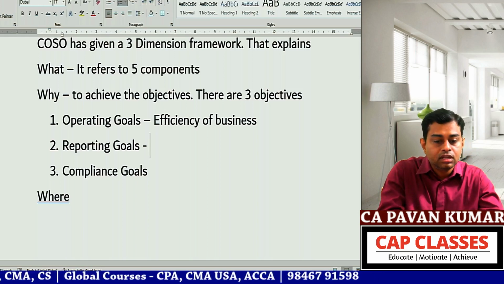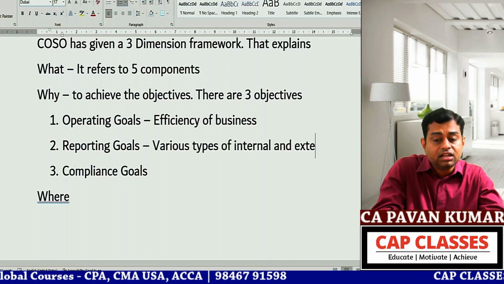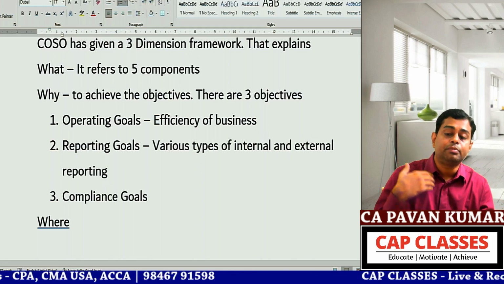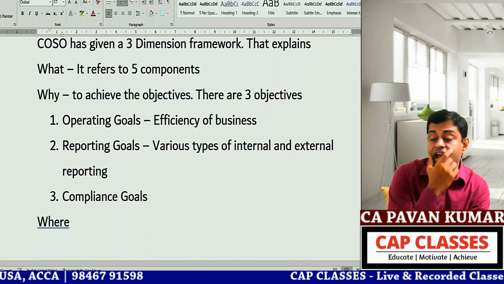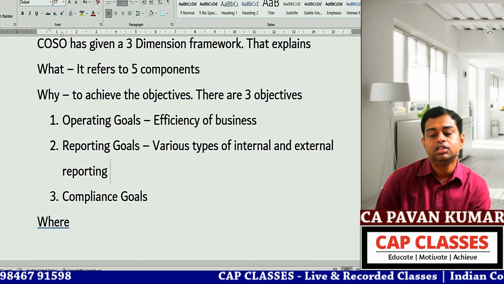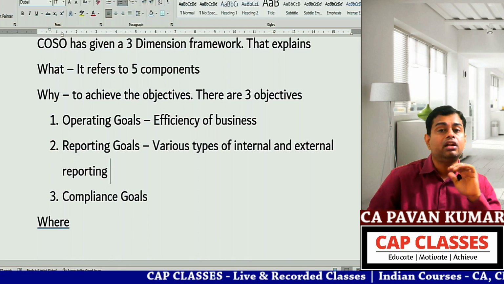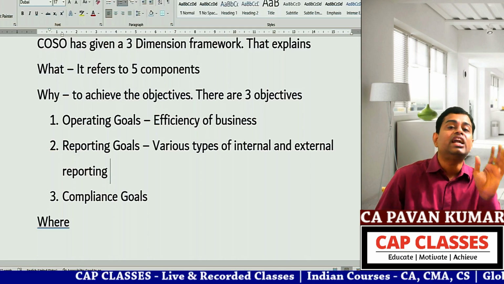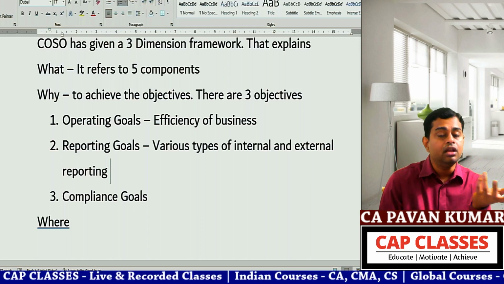Reporting goals: various types of internal and external reporting. It could be submitting your financial statements to the shareholders, or submitting some statements to the Securities Exchange Board of India, or submitting some reports to your bankers or investors. Whatever report you are giving, external or internal reporting, financial or other than financial reporting, like a raw material consumption statement, that is not financial data, that can be operating data.